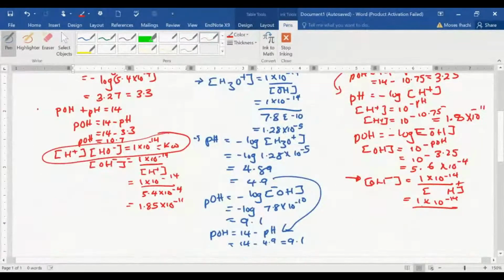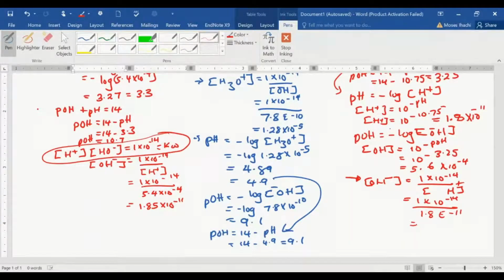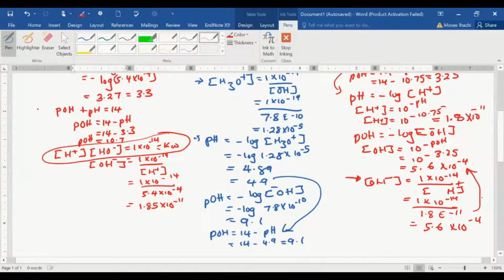So 1.0 exponent minus 14 divided by 1.8 exponent minus 11. I'm getting the concentration to be 5.6 times 10 to the power minus 4. So the method is correct.